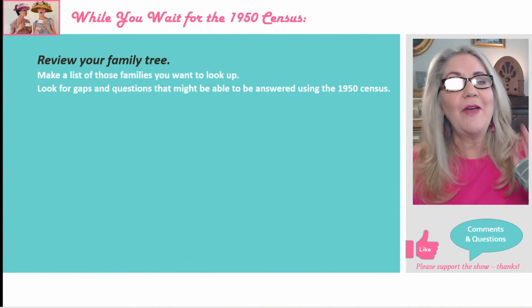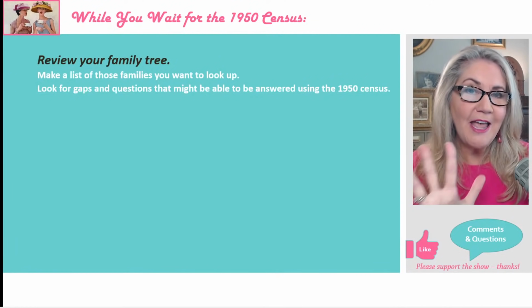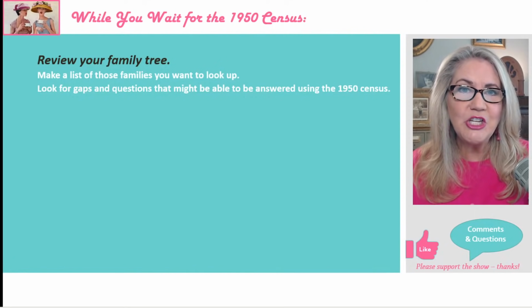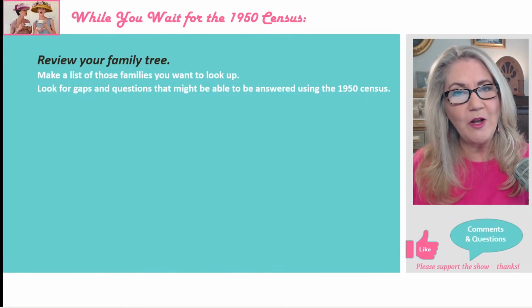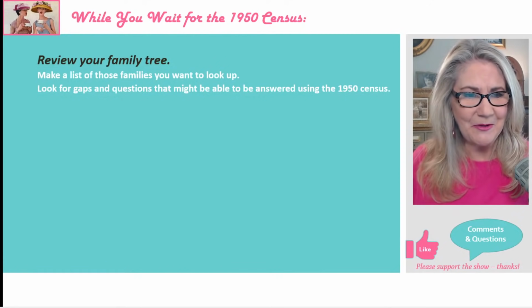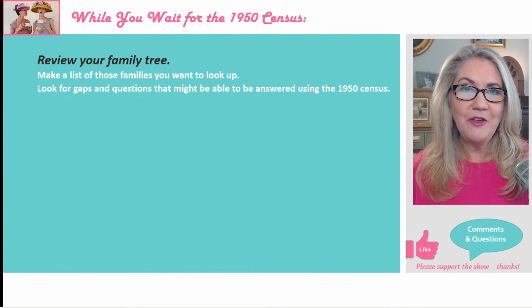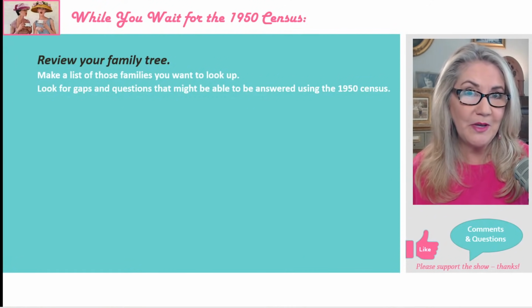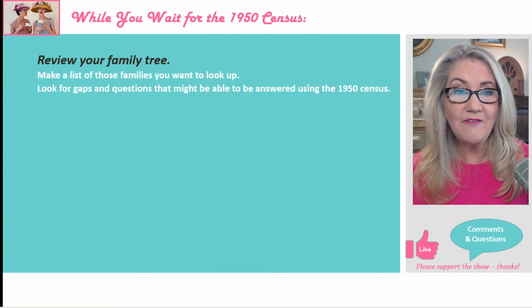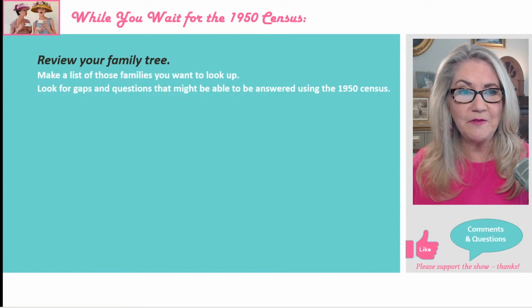UNIVAC. Okay, so to wrap this up, I want to tell you 5 concrete things that you could be doing right now and over the next year in preparation for the 1950 census in 2022. First of all, get into your family tree. If you have a genealogy software database or an online tree, go back and review it. Make a list of those families that you want to look up who fall within 1950.